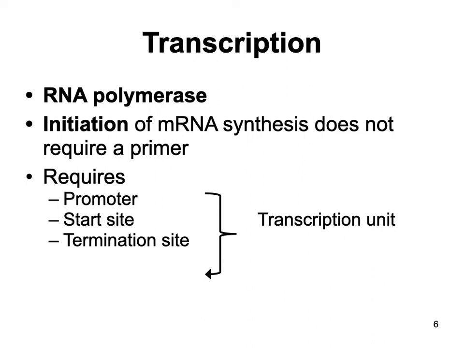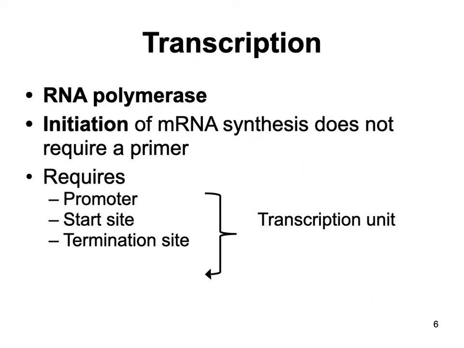Remember, to polymerize is to make a polymer, or a long chain of similar subunits. So RNA polymerase is an enzyme that makes RNA polymers. It starts with the process of initiation, which is like the beginning phase of setup.